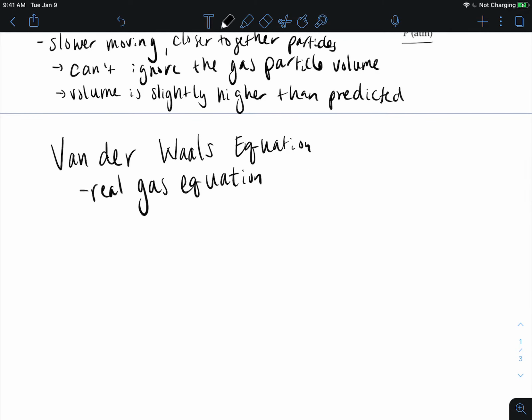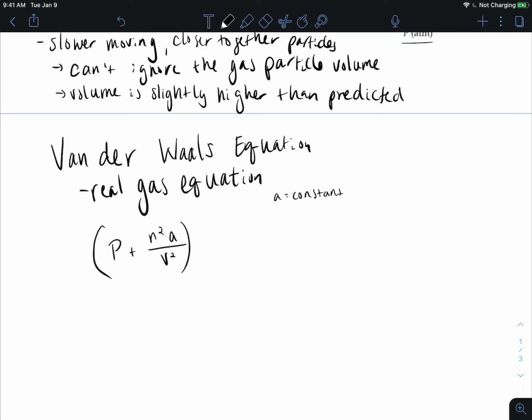So our van der Waals equation itself, for pressure, we have n squared, where n is our moles, times a, and a is a constant, divided by volume squared.